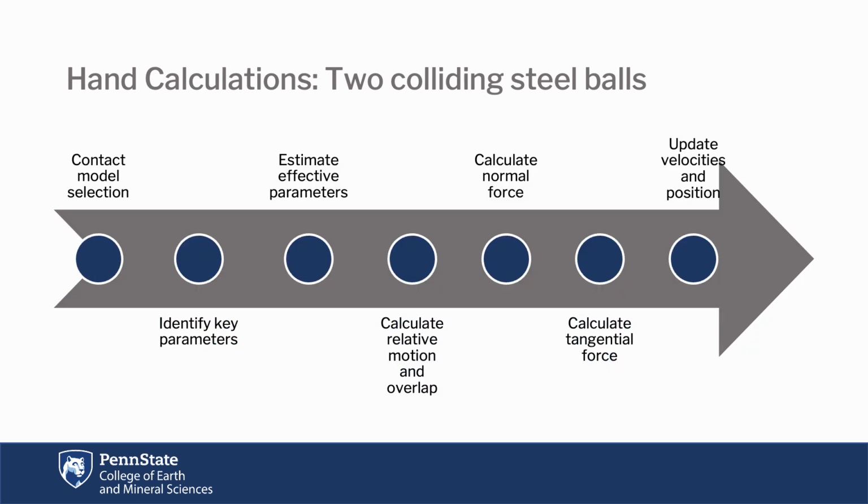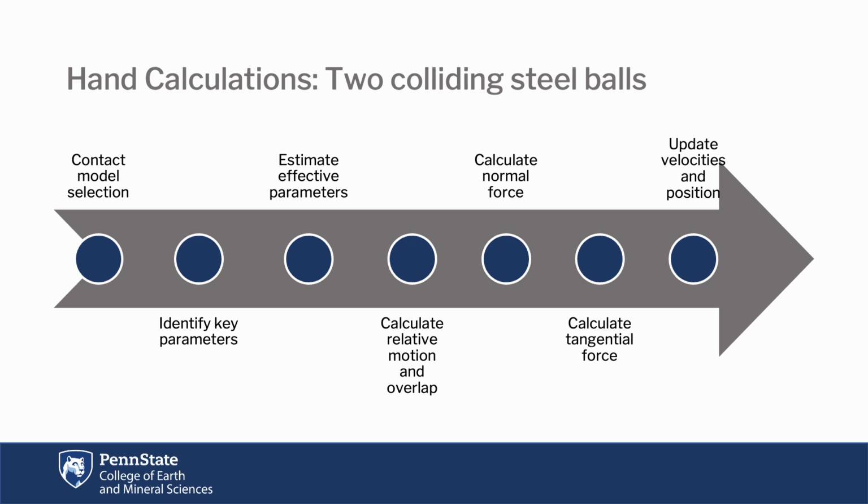Yeah, so this is the general workflow for doing hand calculations with steel balls, at the most basic level, whether it be two colliding steel balls or a single steel ball dropping from a height or in an oblique direction. First off, we pick our contact model.